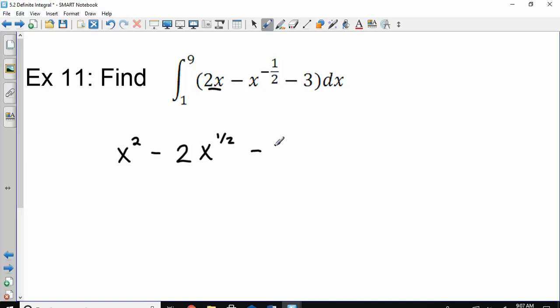Minus the antiderivative of 3 would be a 3x.